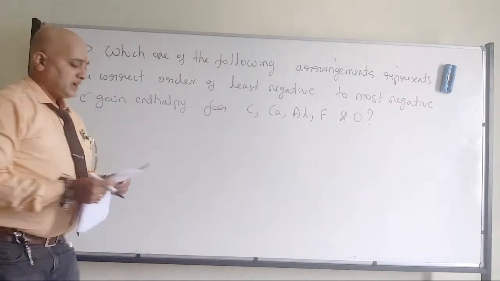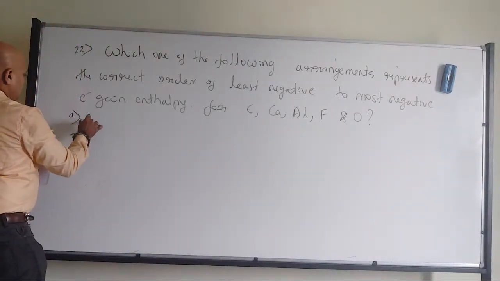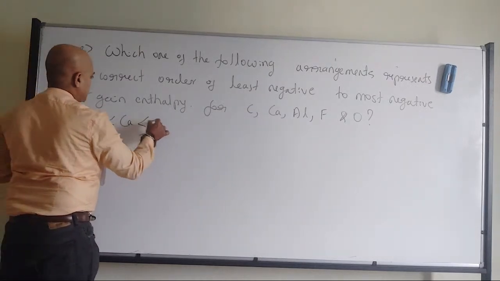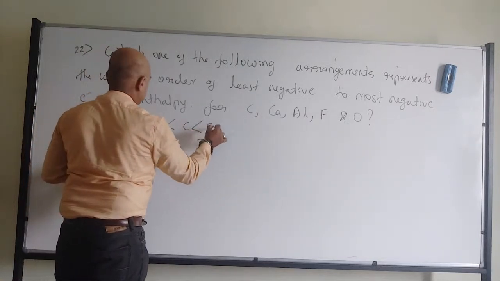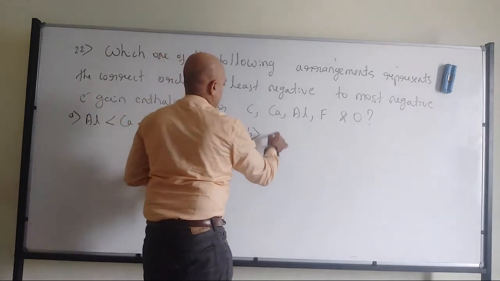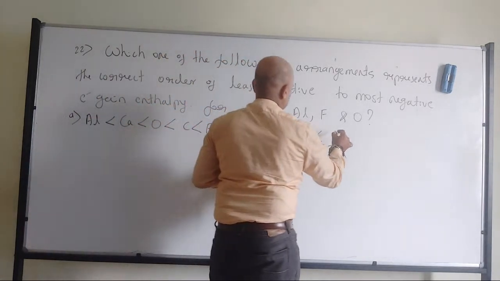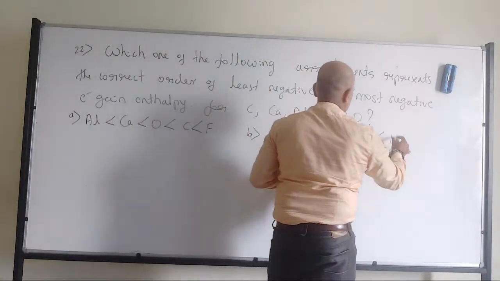Okay? And the options are: option A, aluminium less than calcium less than oxygen less than carbon less than fluorine. Option B, aluminium less than oxygen less than carbon less than calcium less than fluorine.